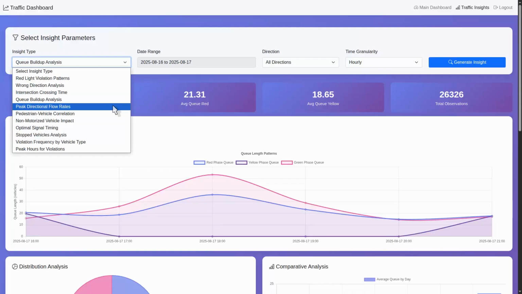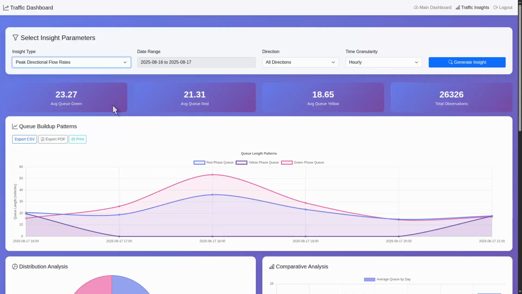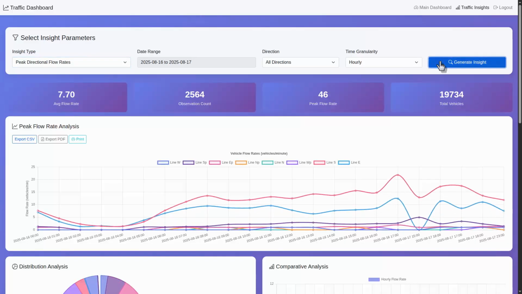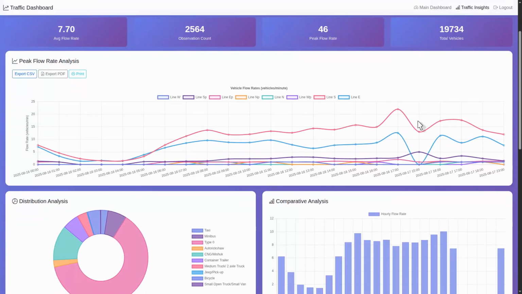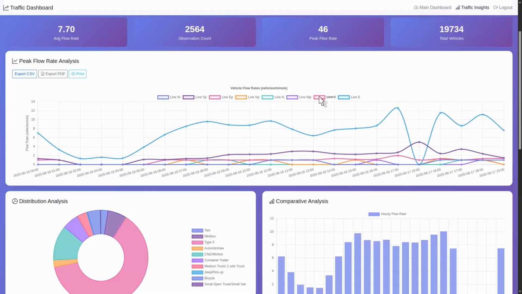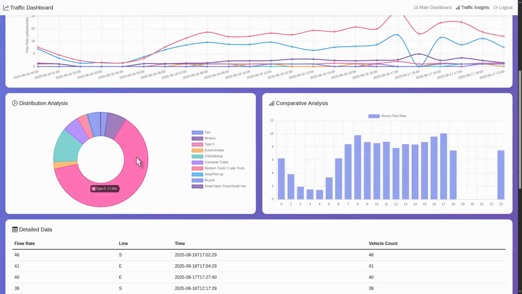Next, we can see the peak directional flow rates. We have already seen this peak directional flow. Line S has the higher flow rate, which is southbound.